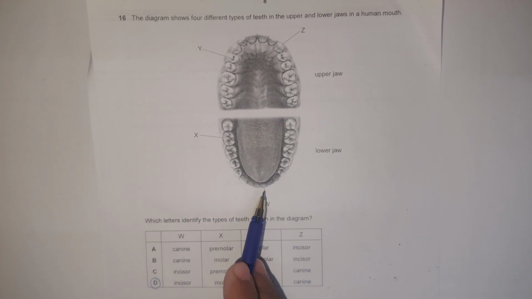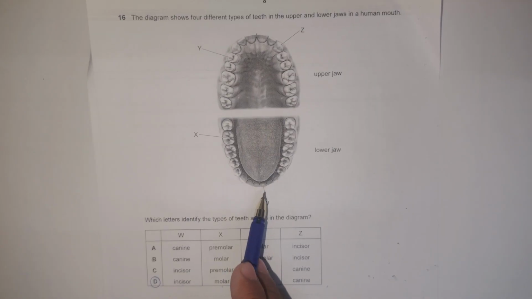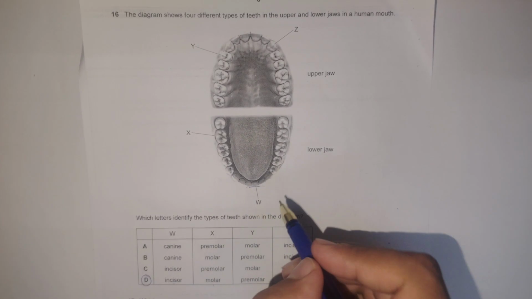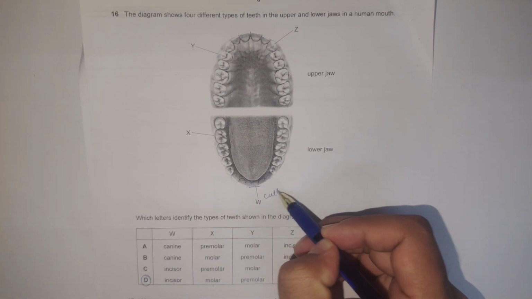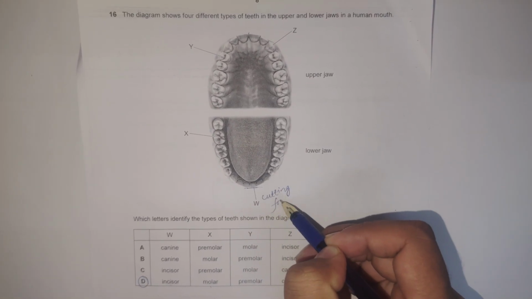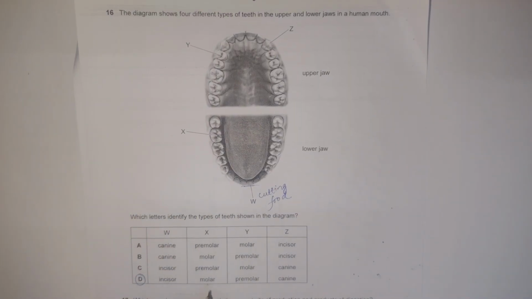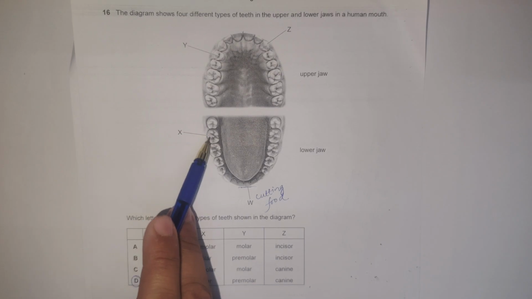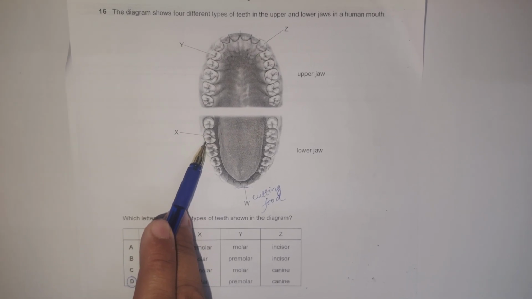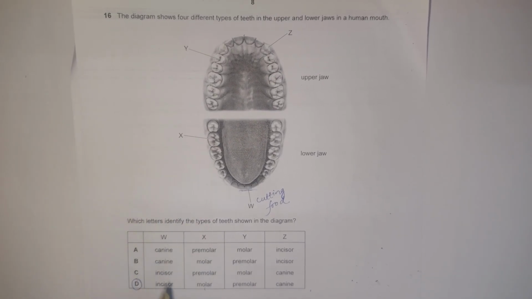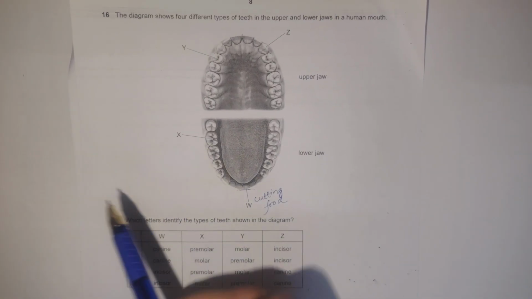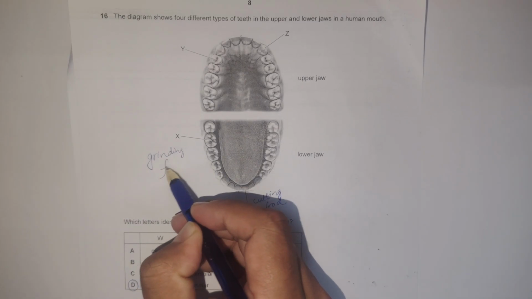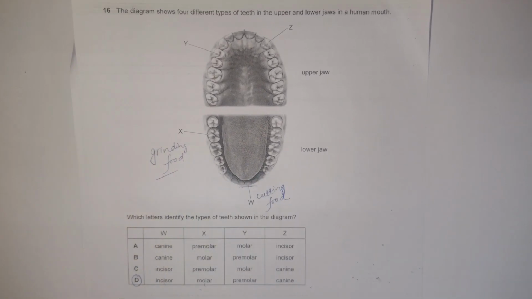W points to the frontmost teeth, which are incisors used for cutting food. X points to the backmost larger teeth, which are the molars used for grinding food. You should know their functions.